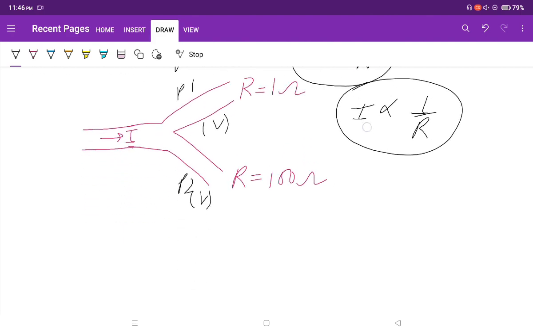That means more current will pass through the path which has low resistance.